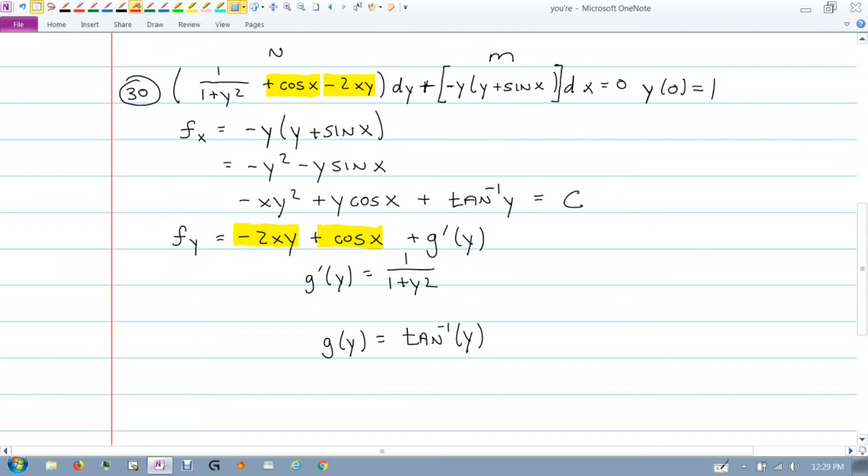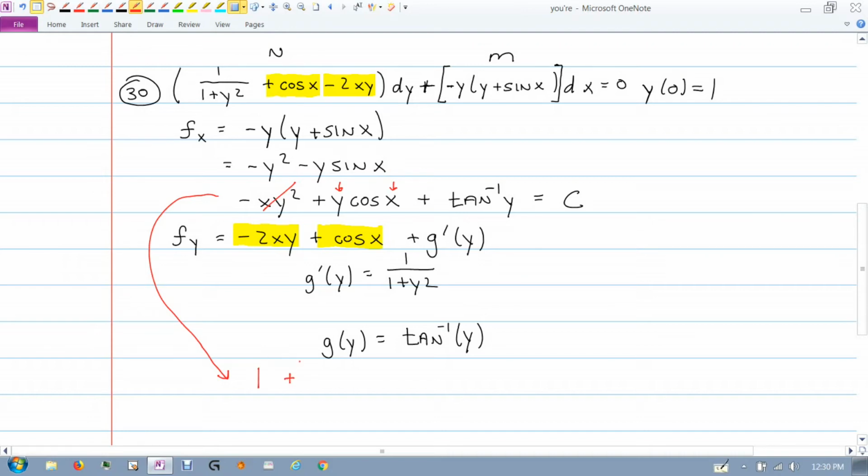So now let's plug in. Going to replace x with 0, y with 1. So that first term goes away. If I replace this with 1 and this with 0, cosine of 0 is 1, and then y is 1, so 1 times 1 is 1.